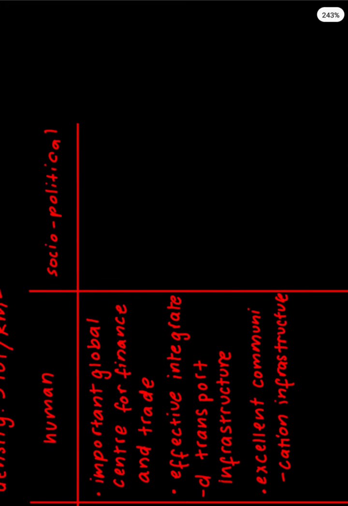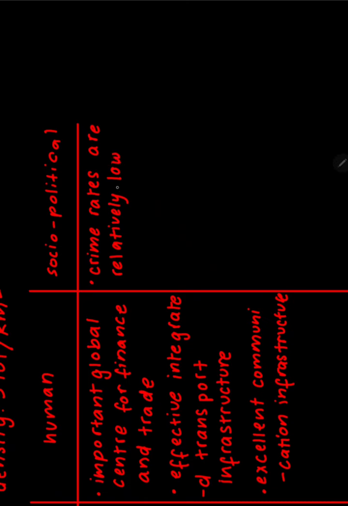Next, we have socio-political factors. So first, the crime rates are relatively low compared to other parts in the UK. Then you can say that the education and healthcare provision is well developed in London.